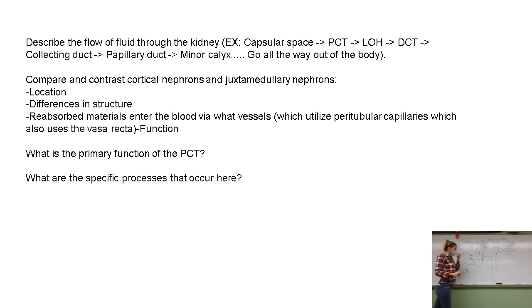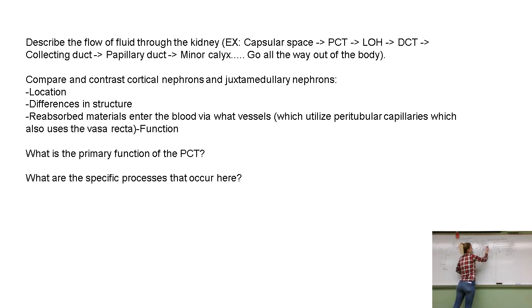The last thing was what blood vessels surround the nephron loop to reabsorb that water into the bloodstream. Remember, we talked about this when we talked about blood flow in the first part. We said that there are capillaries that surround the tubule so that we can take all of this stuff that we reabsorb and bring it back into the bloodstream.